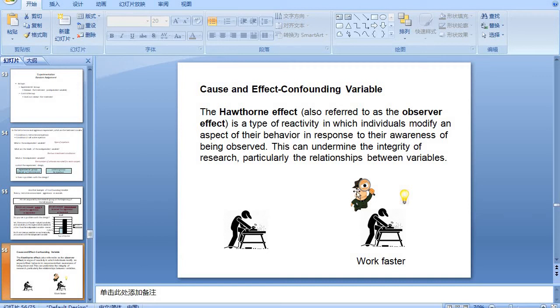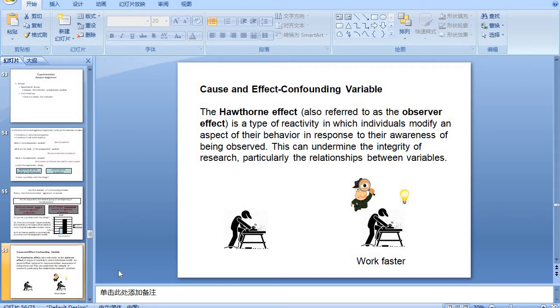It was an observation. It was an observer. This might be similar to the social facilitation effect in social research. As soon as you are under observation, as soon as you know somebody is observing you, your behavior changes and you might work faster.